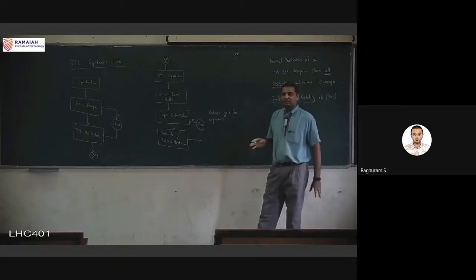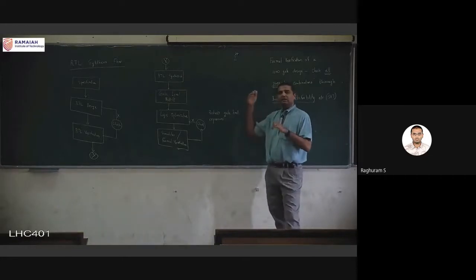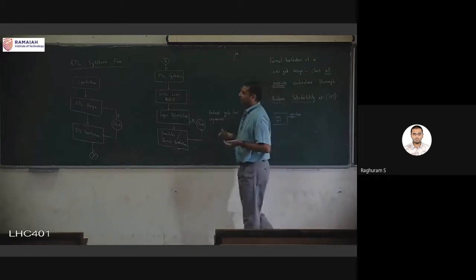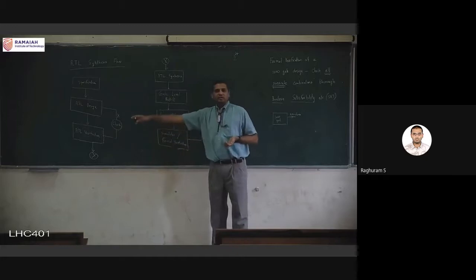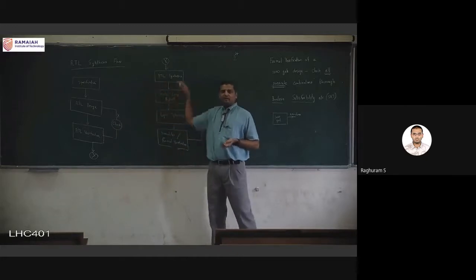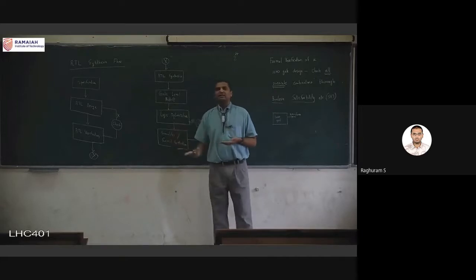So this is one of the reasons why we can guarantee that the final output will be error free. We are continuously checking and rechecking every time there is a transformation. That is another aspect of this checking. Why is it not enough to check it here, and why do you have to keep checking it every time? The reason is the design is continuously getting transformed.